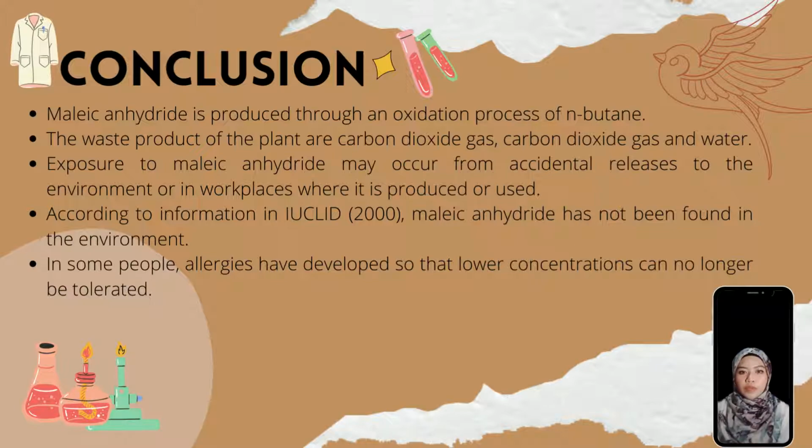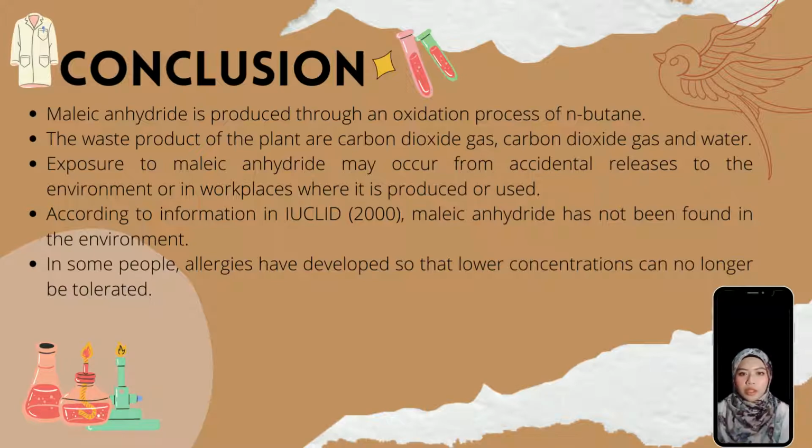According to information in IUCLID, maleic anhydride has not been found in the environment. The substance will hydrolyze with moisture in air or soil. No data have been found on human exposure via the environment. Humans may be exposed occupationally.